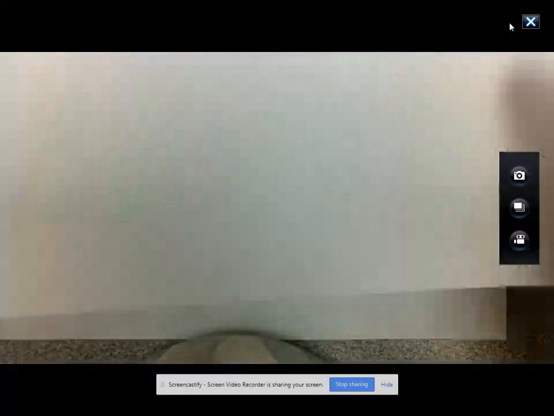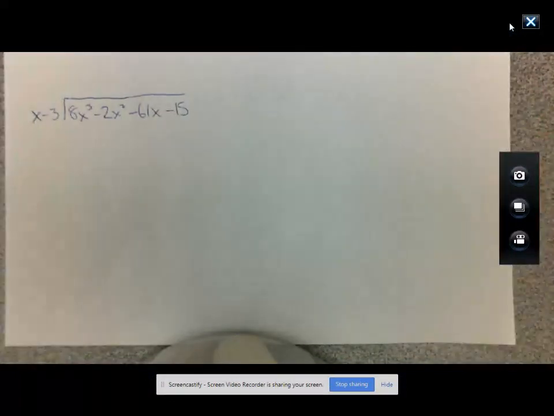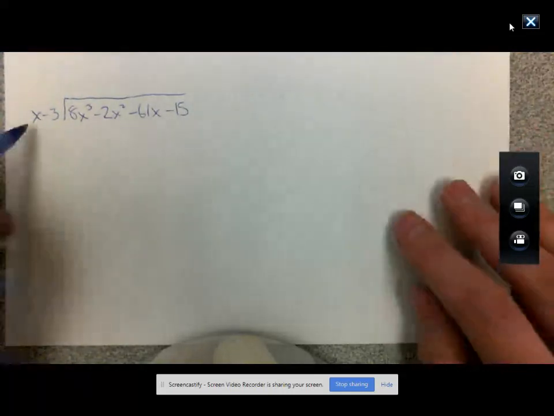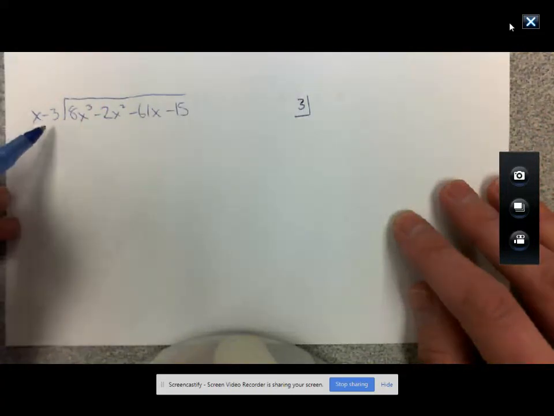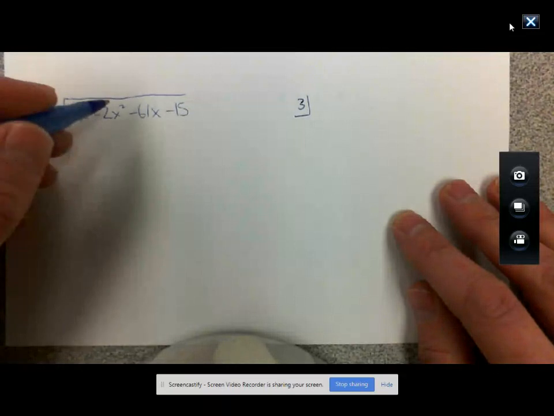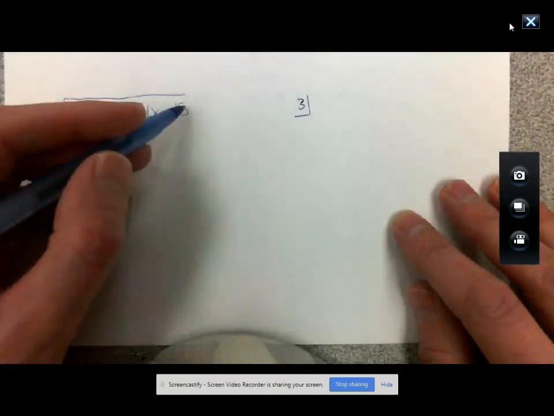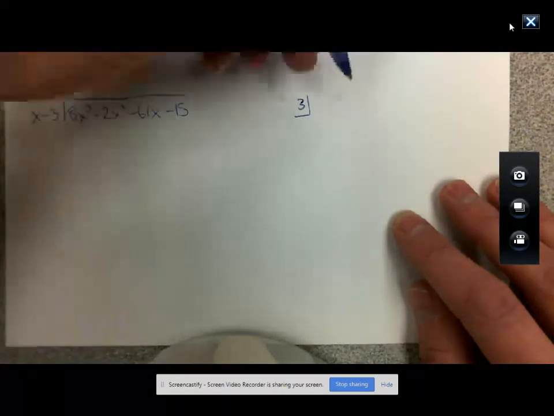We're going to divide this. I'm going to do it in two different ways: a long division and synthetic at the same time, just to show what that looks like. So here's my division, my divisor is going to be a positive 3 here because we take the opposite. And I've got 8, negative 2, negative 61, and negative 15, with all my x's in there in order.